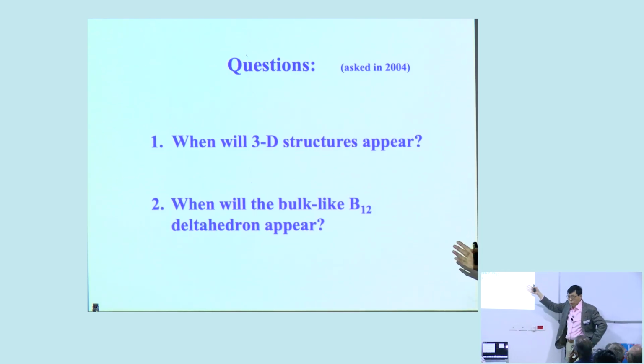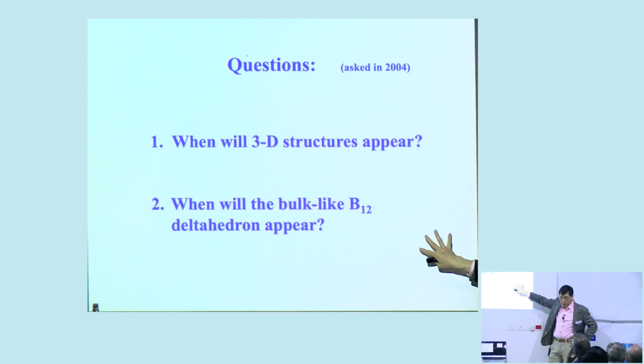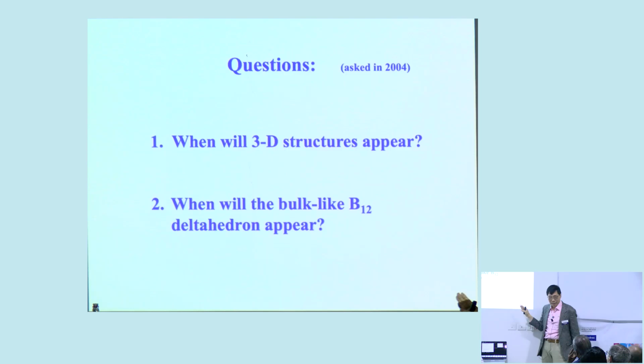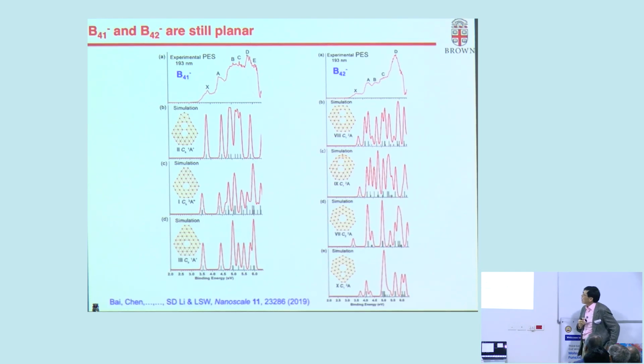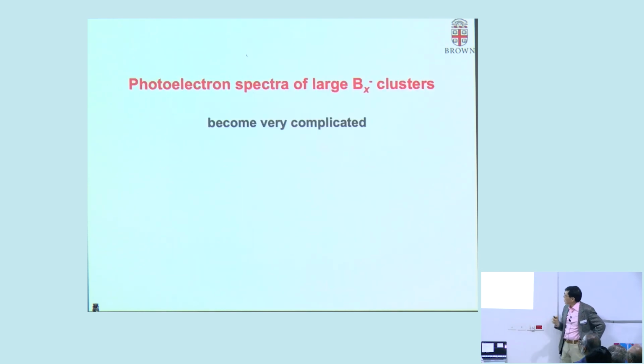That's why, in 2014, when we found B36 was still planar, we were quite astonished. You could have three B12 units, but nevertheless it's planar. When we moved on, we found B41 and B42 are still planar.